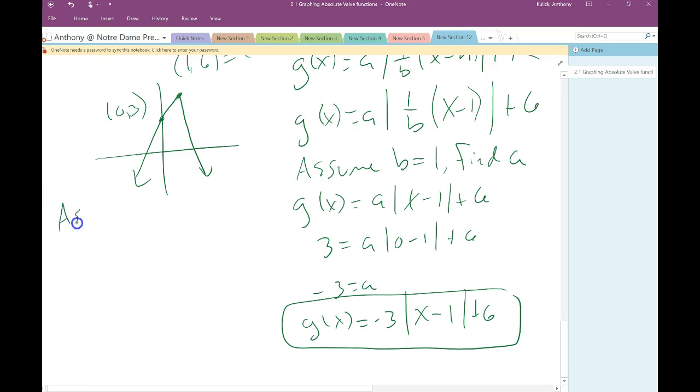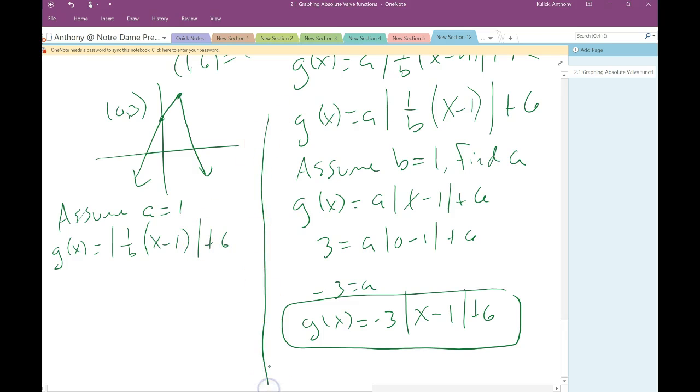Now, let's assume that a equals 1. In this case, we'd have g of x equals the absolute value of 1 over b, x minus 1, plus 6. I'm just going to do that to separate this. We'll do the same thing and plug in the point (0, 3).